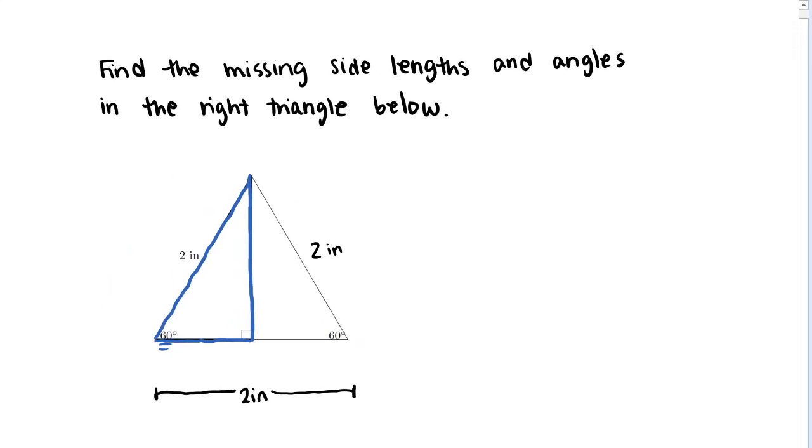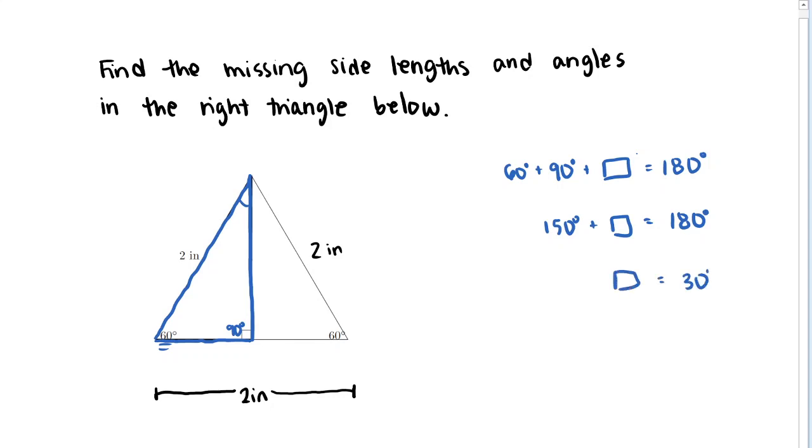We know that this is 60 degrees, this is 90 degrees. And so this top angle here is going to need to add with 60 degrees and 90 degrees to get to 180 degrees. So this is 150 degrees plus this missing angle is 180 degrees. And so subtracting 150 degrees from both sides gives us 30 degrees. So this is 30 degrees.